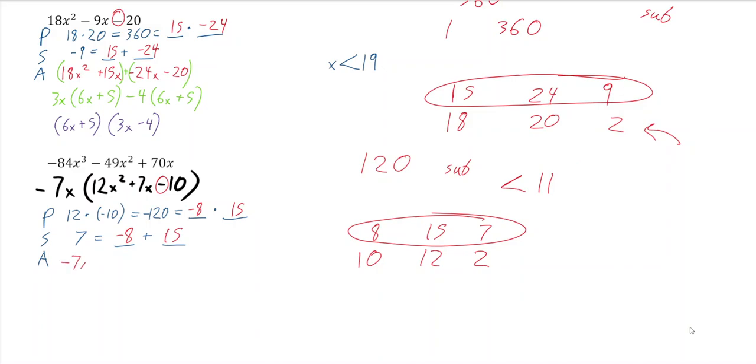Okay, writing down the next step here, we're going to get 12x squared minus 8x plus 15x minus 10. Then we're going to use the green brackets to show where we're going to factor by grouping.